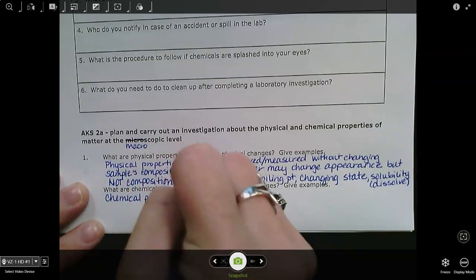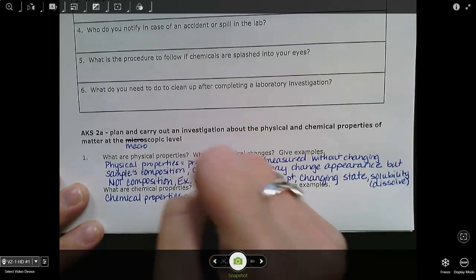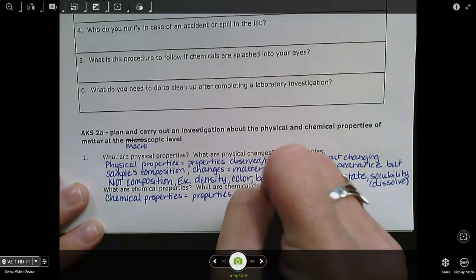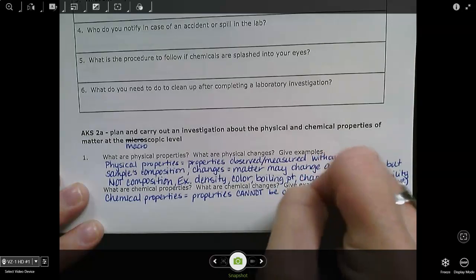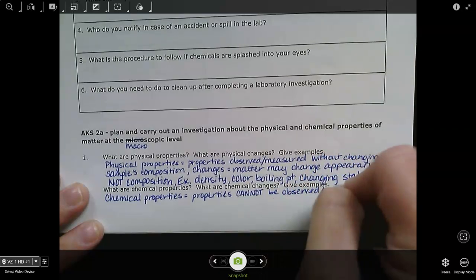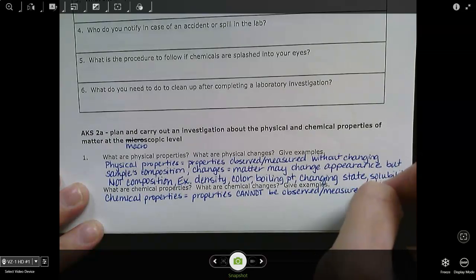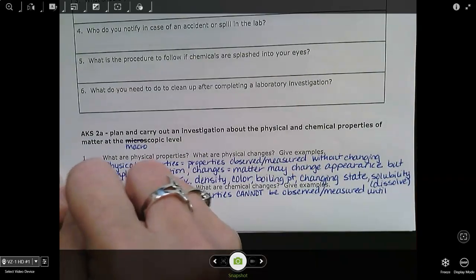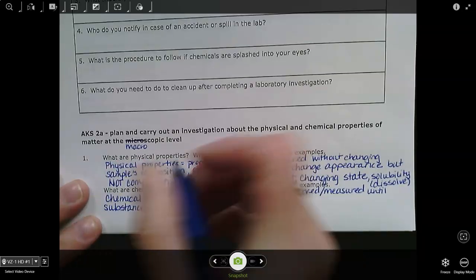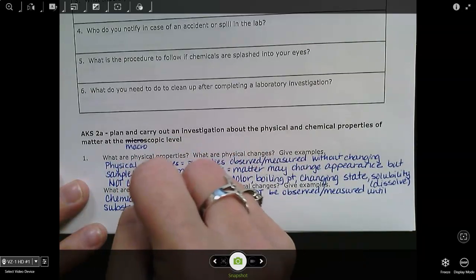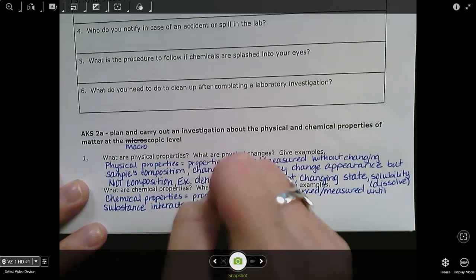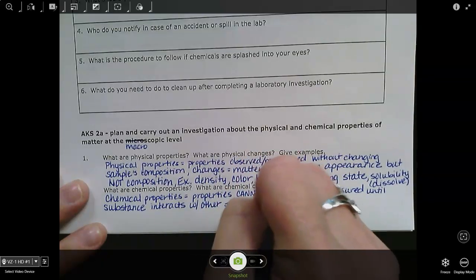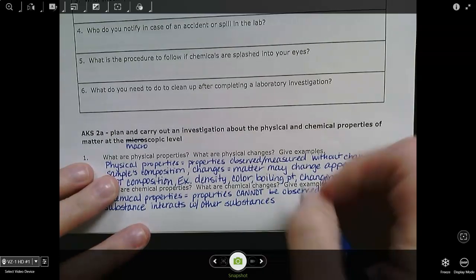So chemical properties are properties that cannot be observed or measured until the substance or sample interacts with other substances, because you have a reaction occurring, or energy is applied to it.